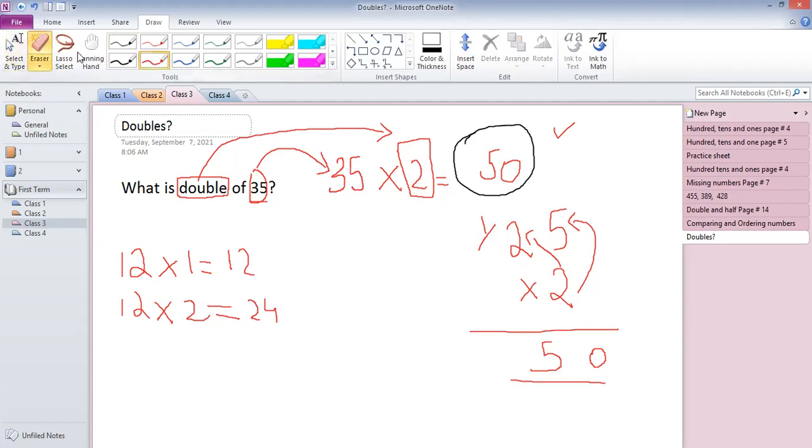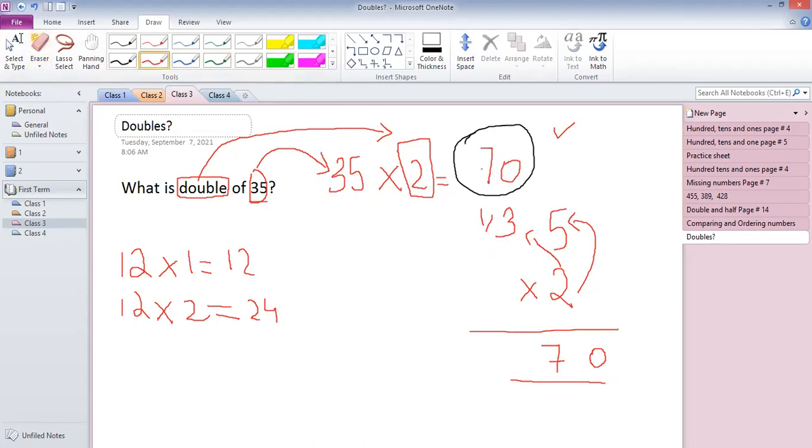So 35 multiplied by 2. 2 into 5, 10. Again, 0 here. And 1 you regroup with that 3. 2 multiplied by 3 equals 6. And 6 plus 1 equals 7. So double of 35 is 70.